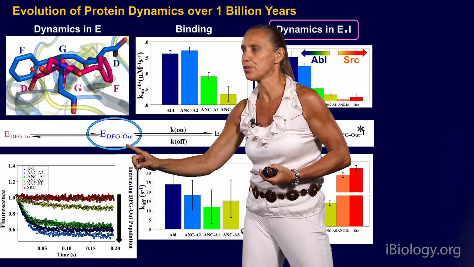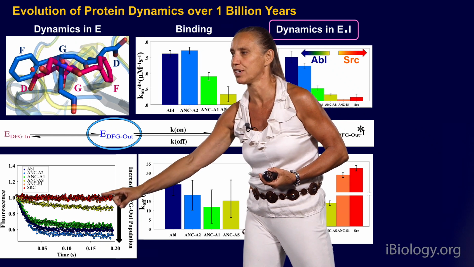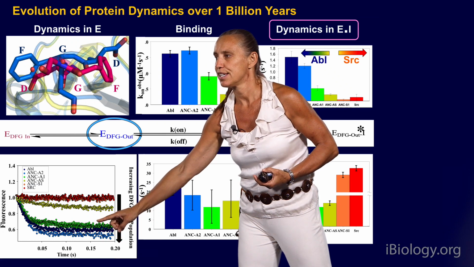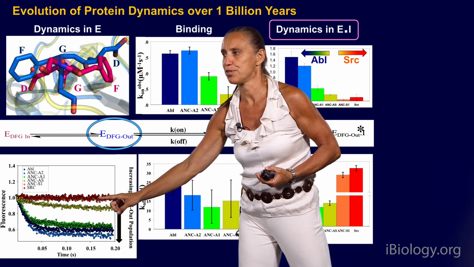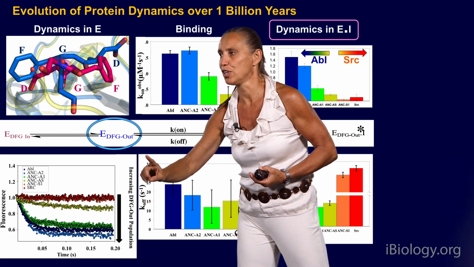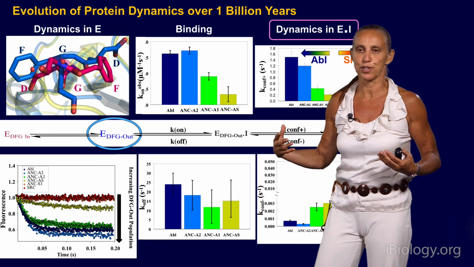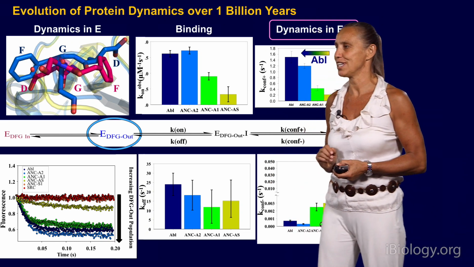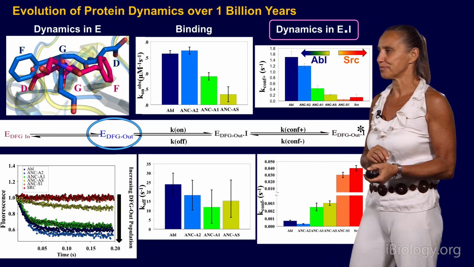If you have a large population over here, you get a large amplitude. And that's what we see in Abl. And for Src, we have a much smaller amplitude. But note that this equilibrium only accounts for about a threefold difference in affinity. That was just a little side treat for people who like kinetics.